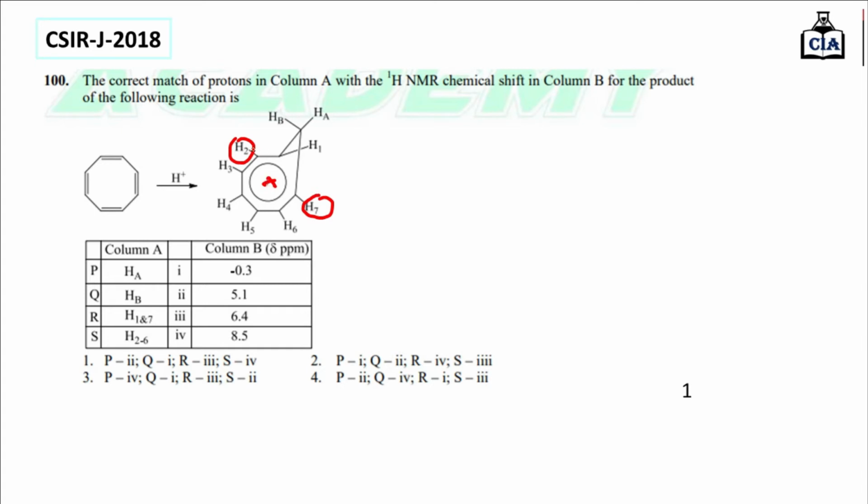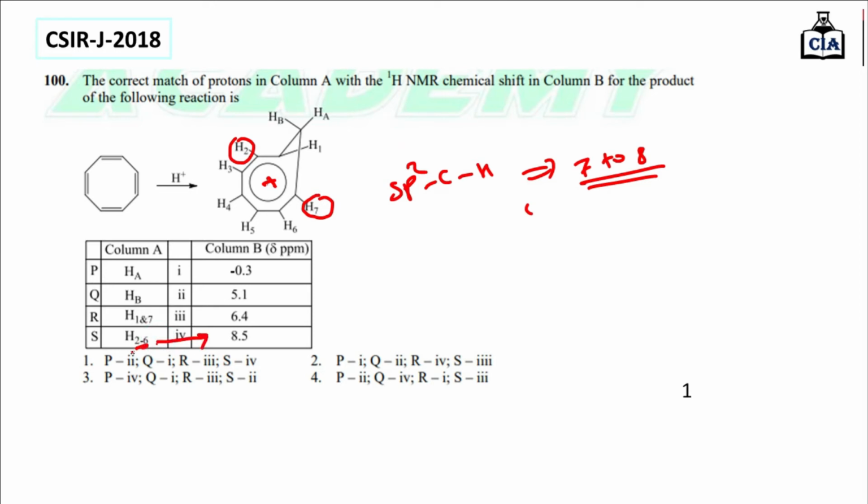Now H2 and H7 are attached to the sp2 carbon atom, and we know that protons attached to sp2 carbon have chemical shift values between 7 to 8 ppm, but due to this de-shielding, H2 and H7 will show chemical shift values of more than 8 ppm. So these will show a chemical shift value of 8.5.